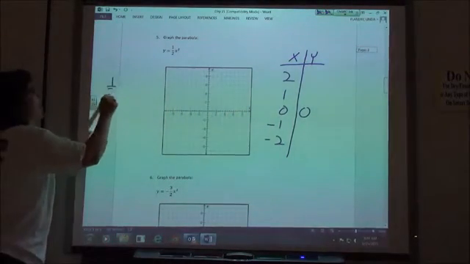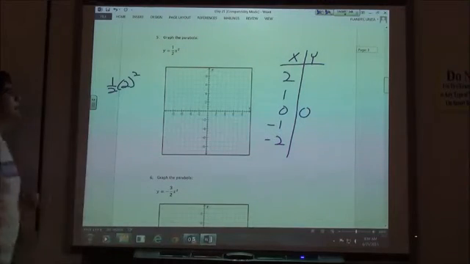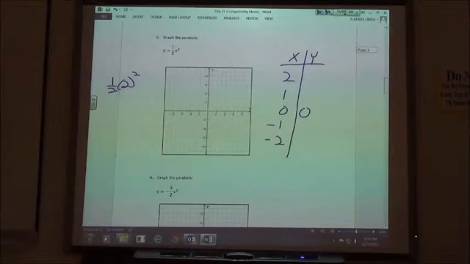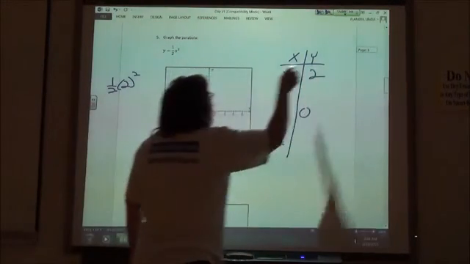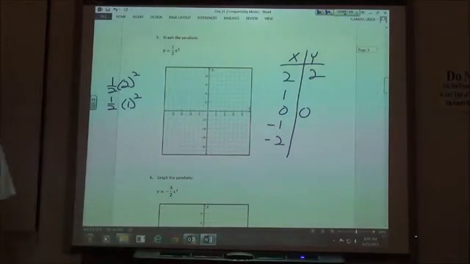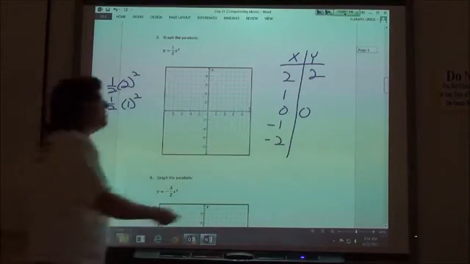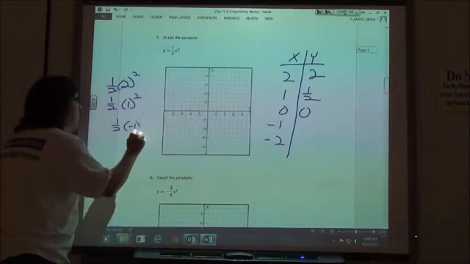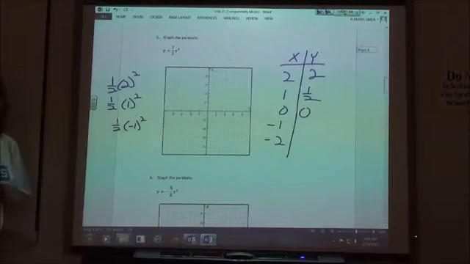So if I do 1/2 times 2 squared, I would get an answer of 2, right? 2 squared is 4, and half of 4 is 2. 1/2 of 1 squared would give me an answer of 1/2. 1/2 times -1 squared, also 1/2.